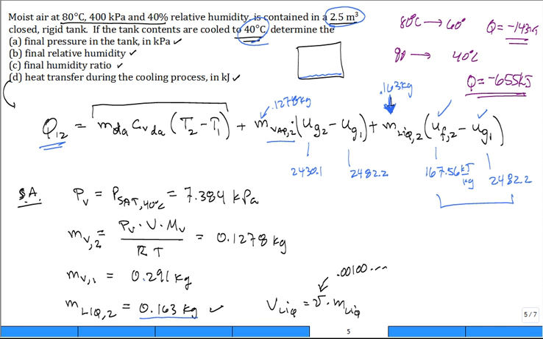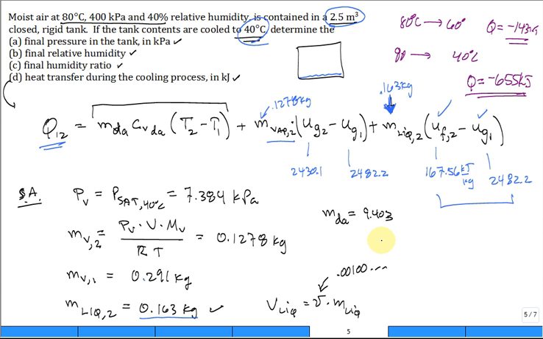All right. What about the final pressure in the tank? Well, you know that the mass of the dry air didn't change, true? What was the mass of the dry air? 9.403. Okay.